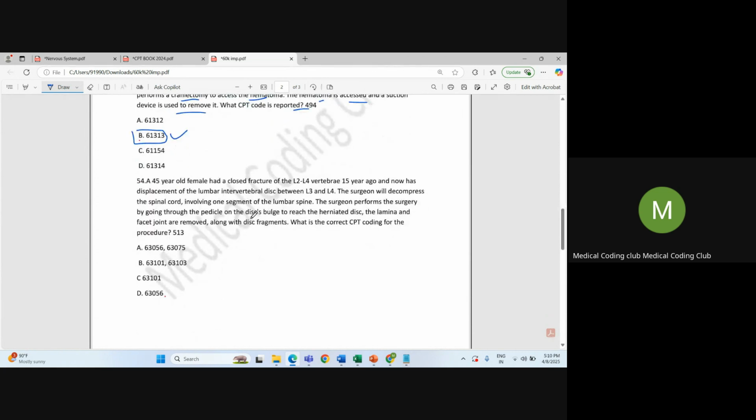And next, a 45-year-old female had a closed fracture of L2 to L4 vertebrae 15 years ago, and now has a displacement on lumbar.